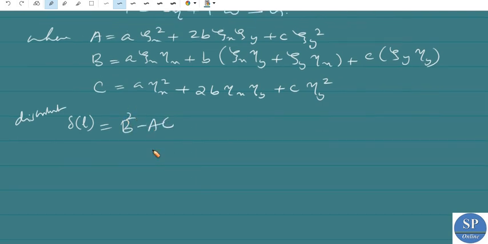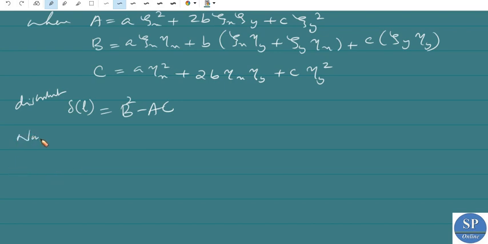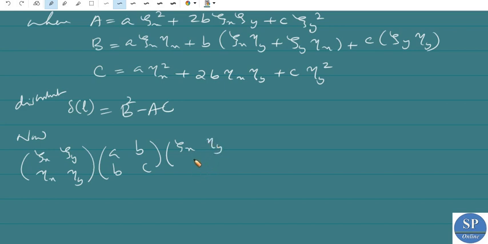Now consider the matrix ζ_x ζ_y, η_x η_y, into a b, b c, into the transpose of this matrix, that is ζ_x η_x, ζ_y η_y.